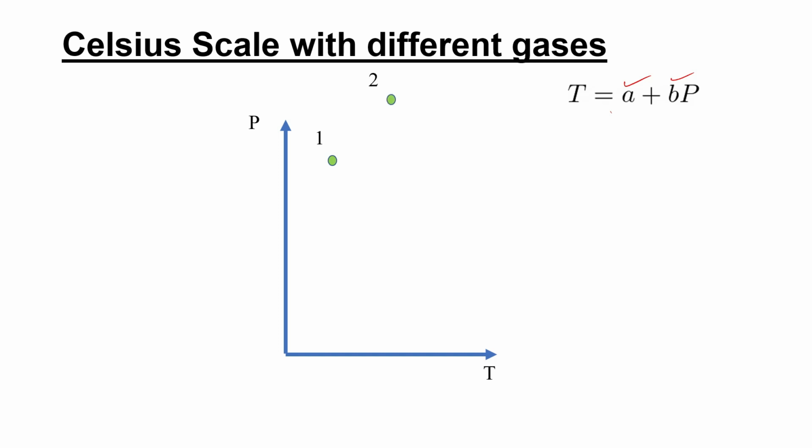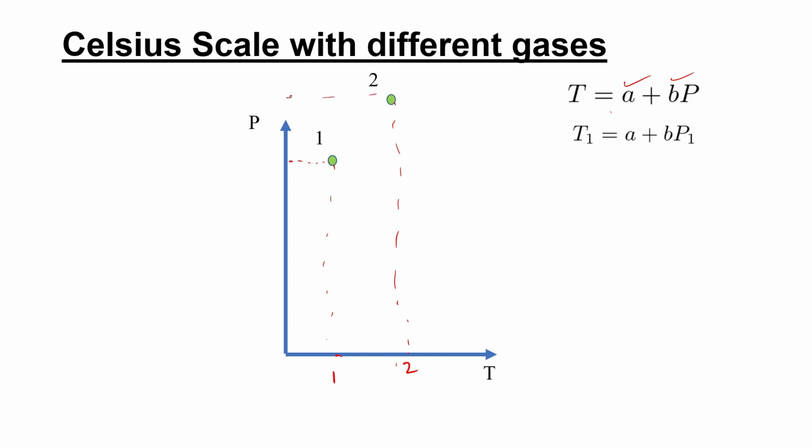So you have 2 points, 1 and 2. That means when you take a pressure corresponding to this, you will measure the temperature 1, and corresponding to this 2, you will measure the temperature and also the pressure.